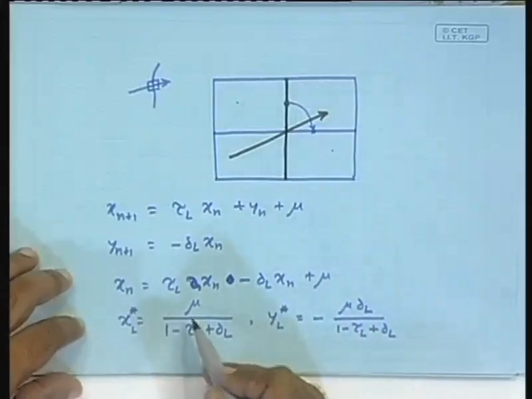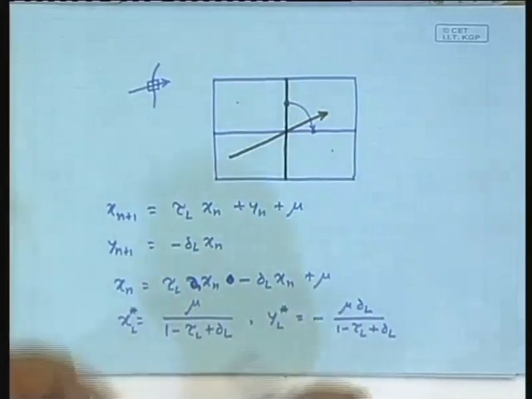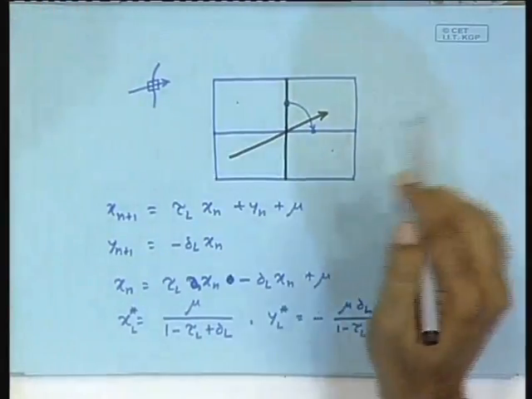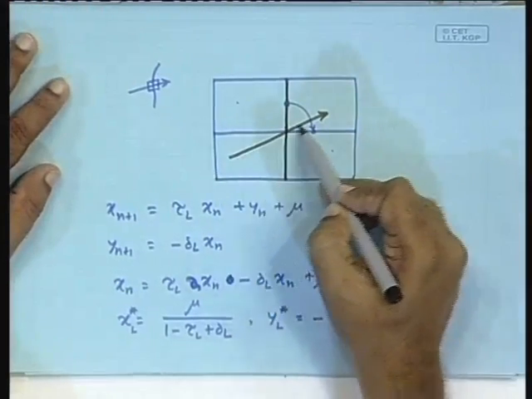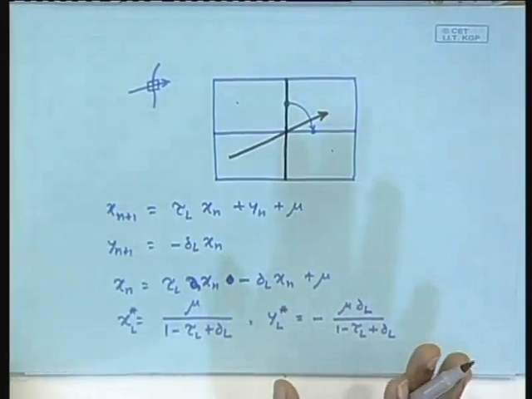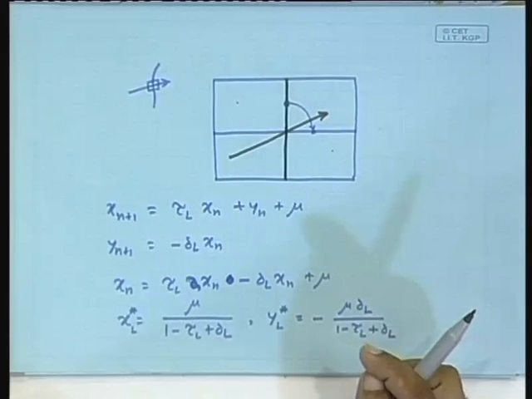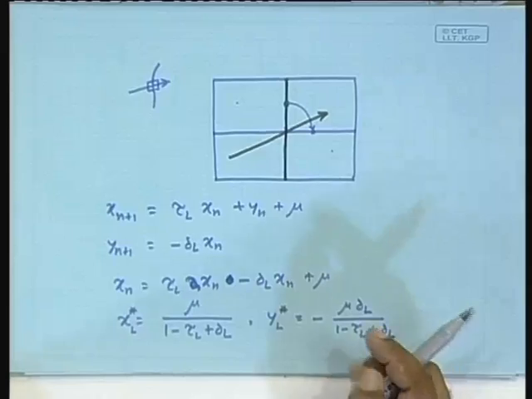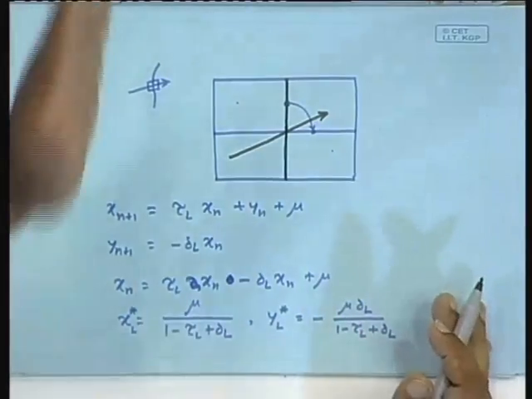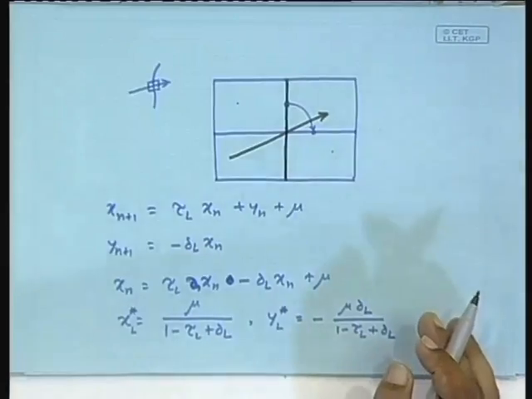I am not saying in the general sense, I am saying that mu, as related to this quantity, it will be either existing or not existing. So, always you cannot say that a fixed point comes and hits the border, but always you can say that the border collision happens at mu equal to 0. Clear? That is definitely correct, because mu 0 means this fellow is 0. The fixed point is on the border, means it has hit the border.